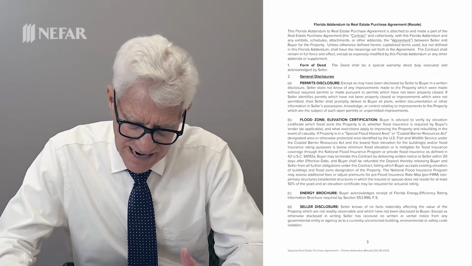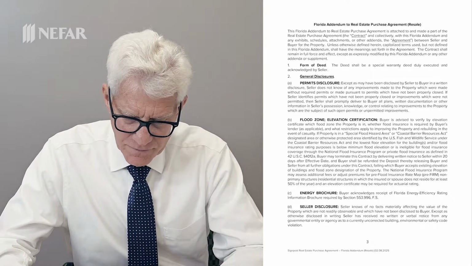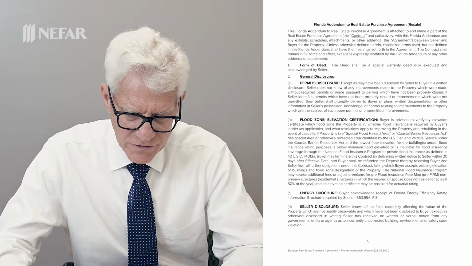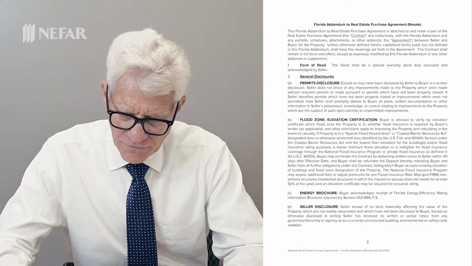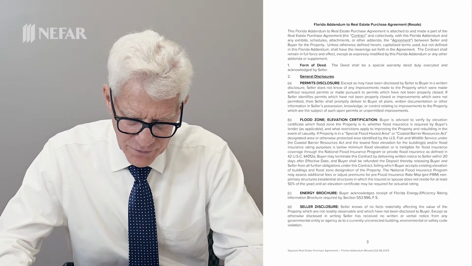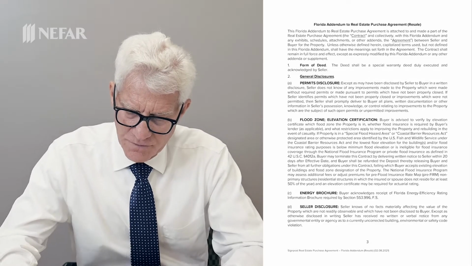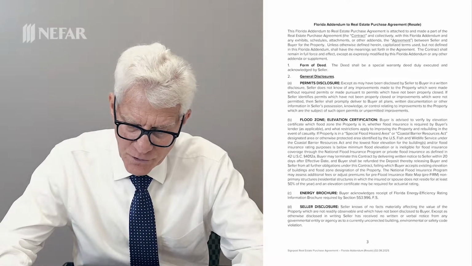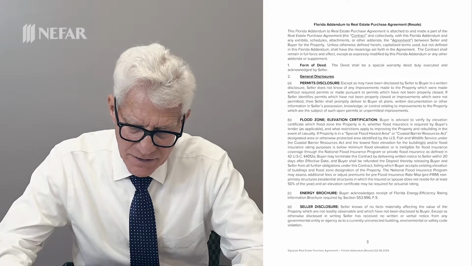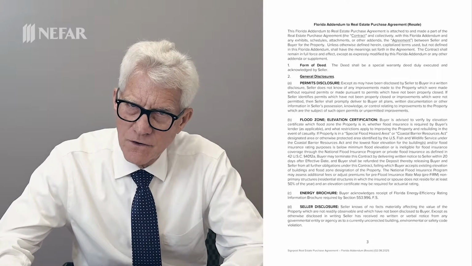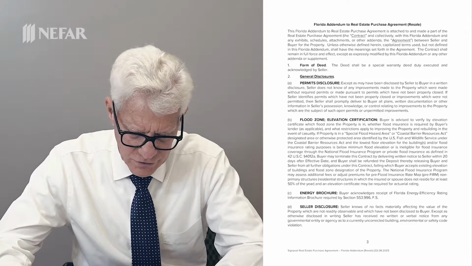That part's kind of similar, but it says here, if the property's in a special flood hazard zone or a coastal barrier resource zone, and if the lowest floor elevation of the building for flood insurance rating purposes is below the flood elevation, or if the property is not eligible for flood insurance coverage through the National Flood Insurance Program or private flood insurance, then the buyer can terminate this, and they would be within 20 days after the effective date and be able to get their binder back. So they need to check the flood zone soon.